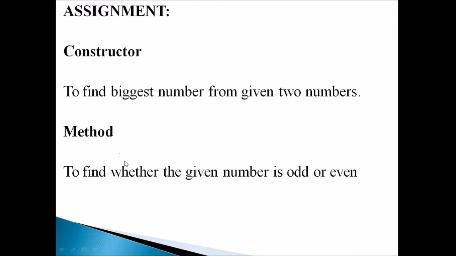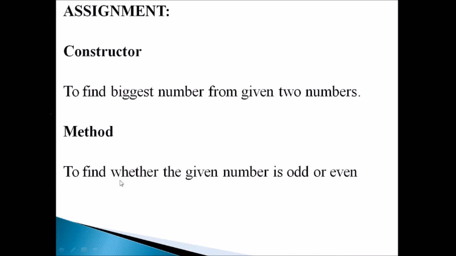For both the constructor and the method, display the answer in the constructor and method itself. The biggest number should be displayed in the constructor itself as a result, and the result whether the given number is odd or even should be displayed in the method itself.